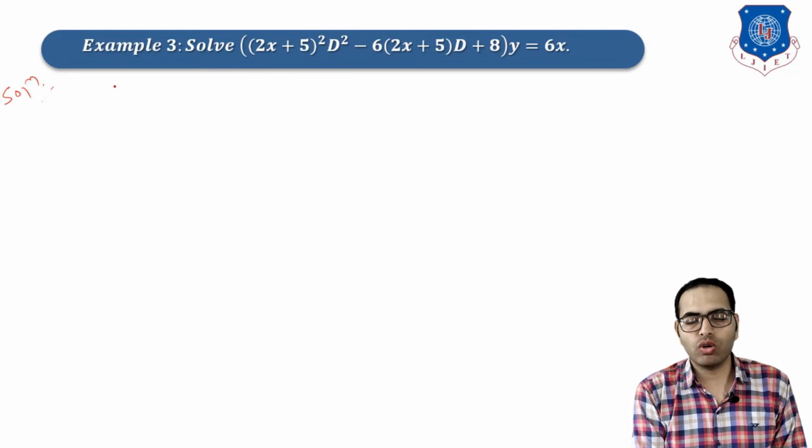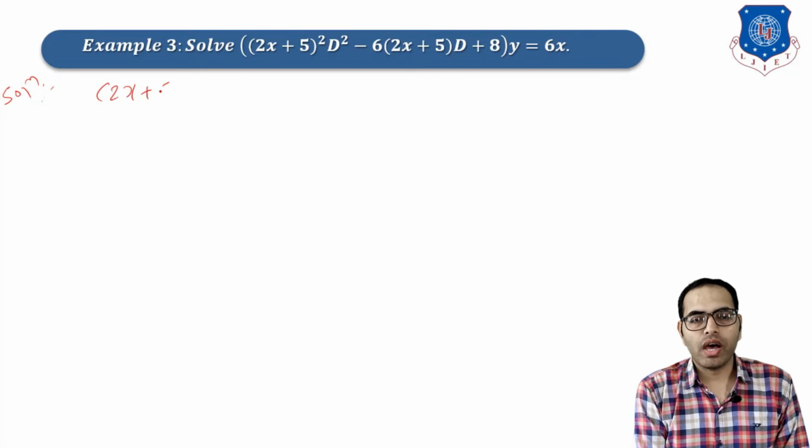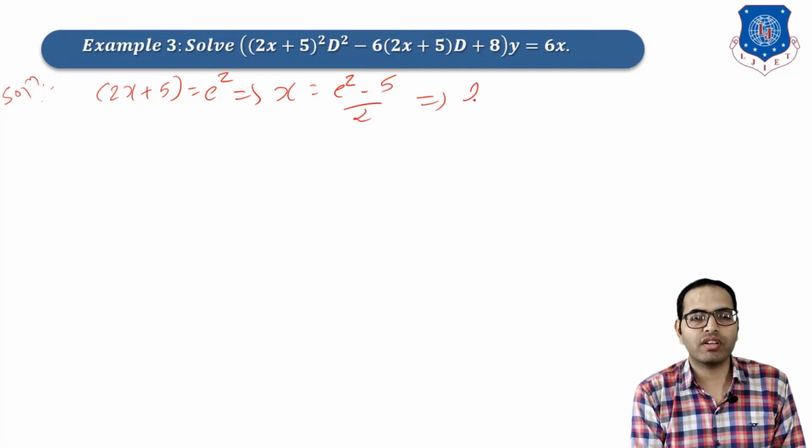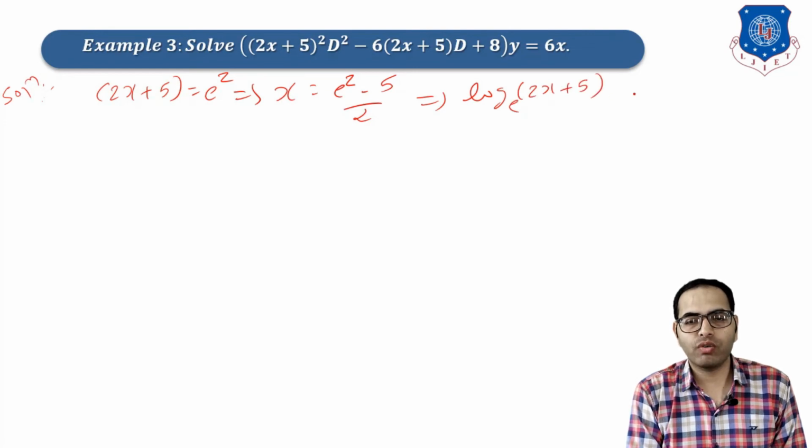Whenever we find the solution of that particular problem, first assume 2x plus 5 is equal to e raised to z. Now making x the subject, x equal to (e raised to z minus 5) divided by 2. Now taking logarithm of both sides of the first term, log of 2x plus 5 to the base e is equal to z.